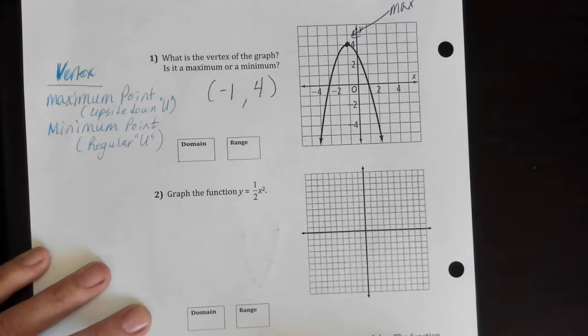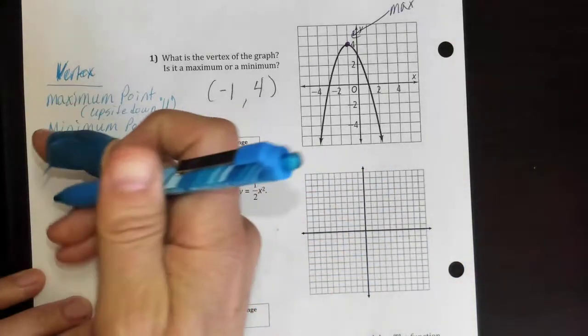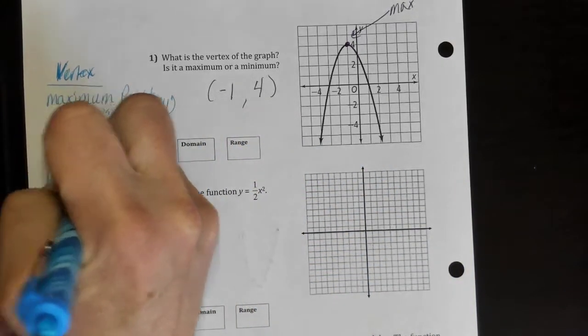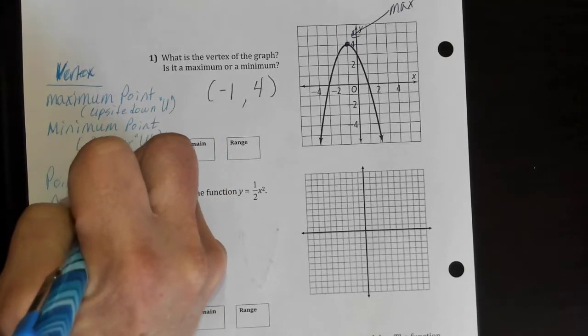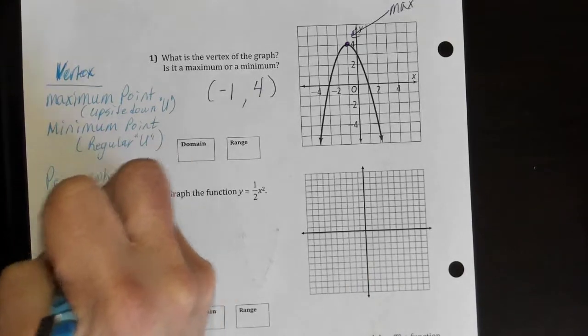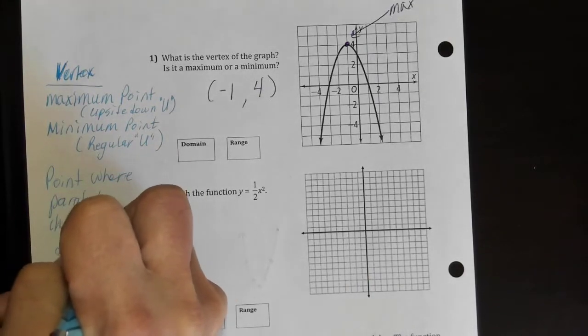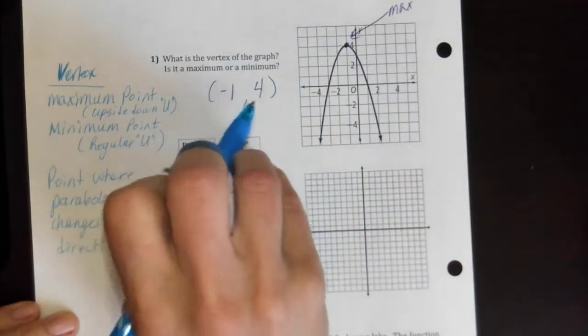So my vertex point, or the point where this parabola changes direction, this one is -1, 4.